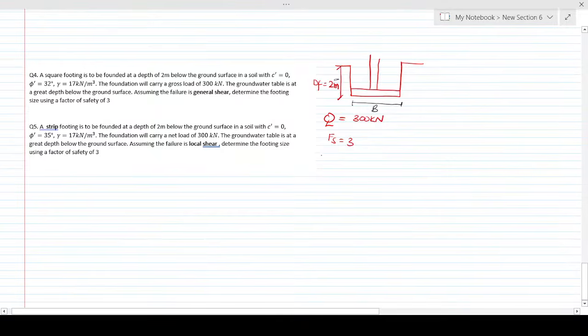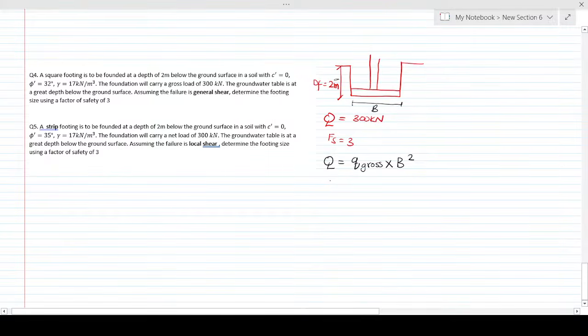Now, Q is equal to Q gross allowable, which is the same as my Q gross, times the area of the foundation. It's a square foundation, so the area is going to be B squared. Now we are looking for the side. That's what we are looking for.